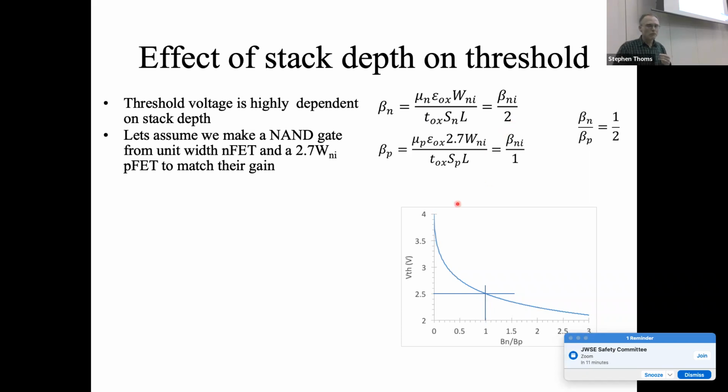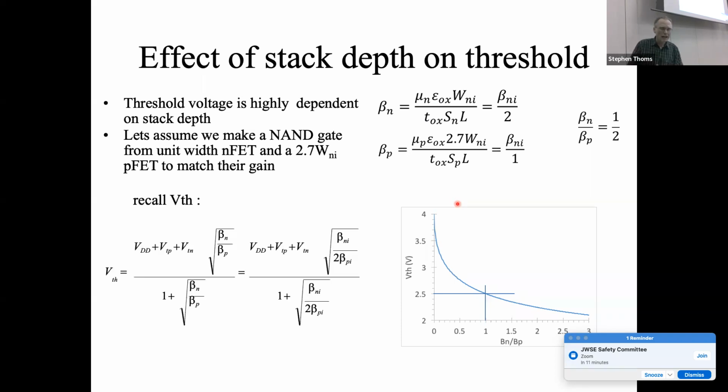So if you make an AND gate from unit width N FETs and 2.7 WN, so it's matched P FETs to match the gain, then, okay, so we can look at the threshold equation.